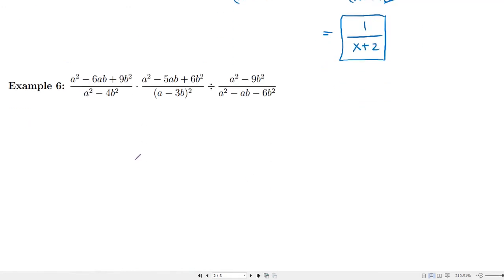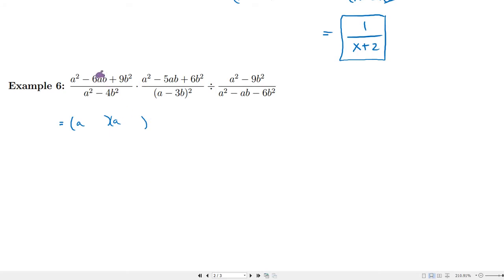Okay, continuing on. Now we have a product and then a division. So we're going to have to multiply by the reciprocal of this. So what do we have? You know what? Let's start to factor as we go along. So the numerator here, we want the product to be positive 9b squared.